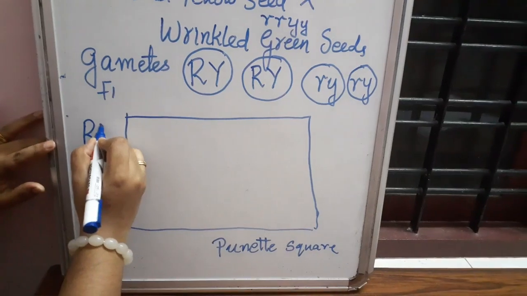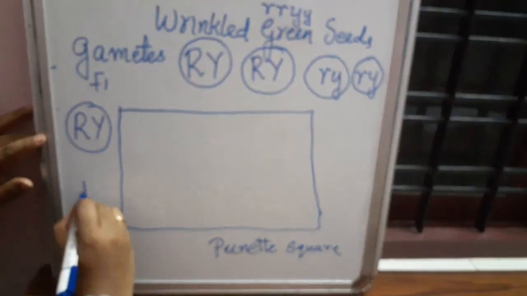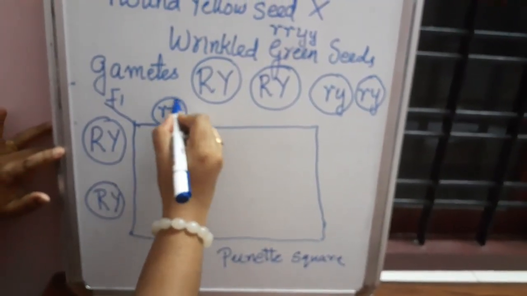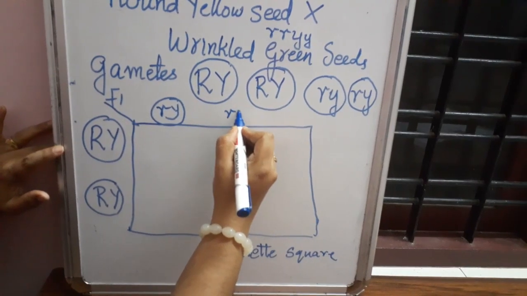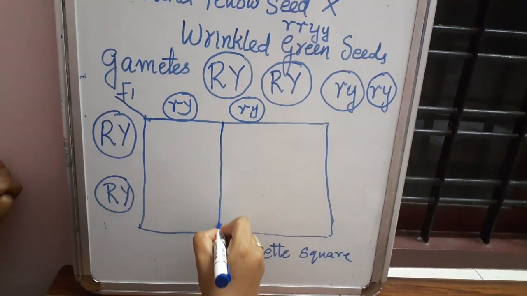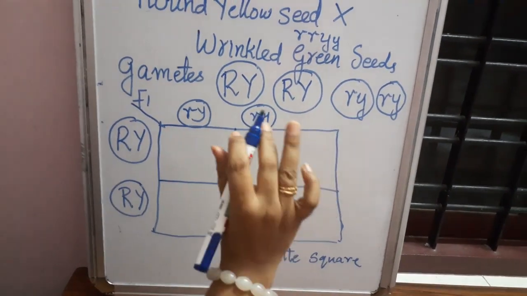So here we will write capital R, capital Y, these two we will write here, and capital R, capital Y. Then on this side we will write small r, small y, and small r, small y. Then we are doing like this. Till here, I hope it is clear.